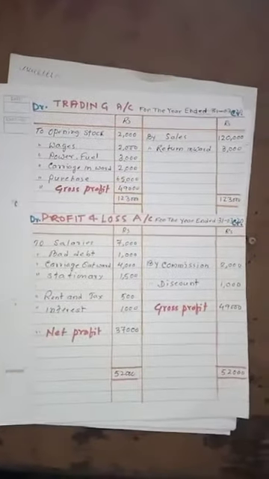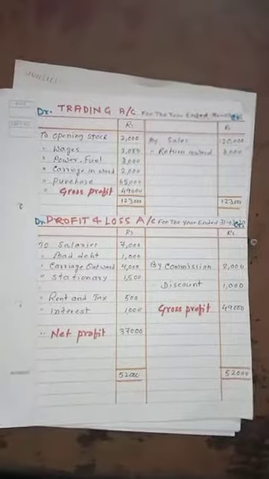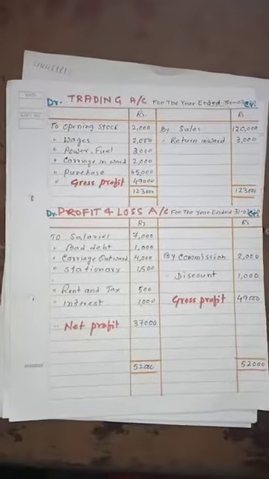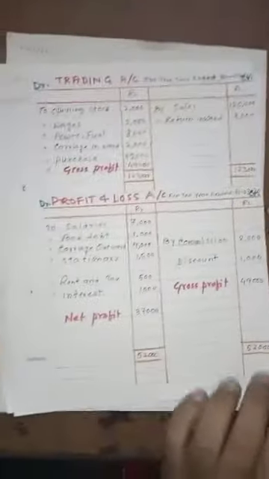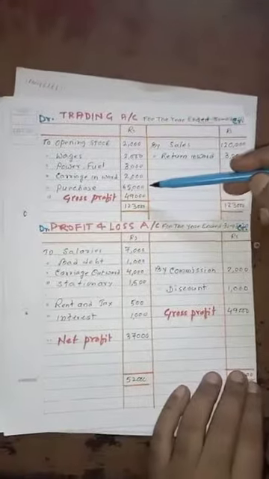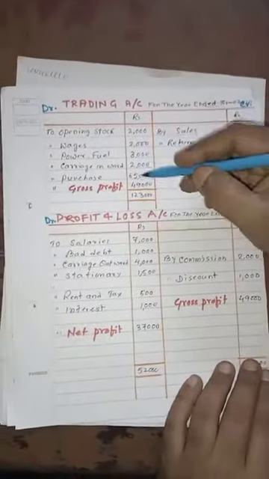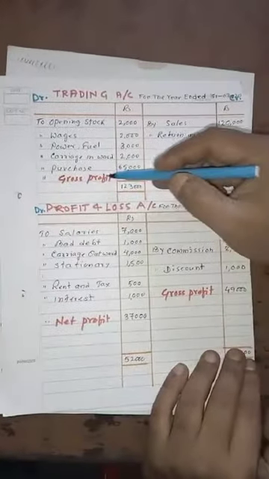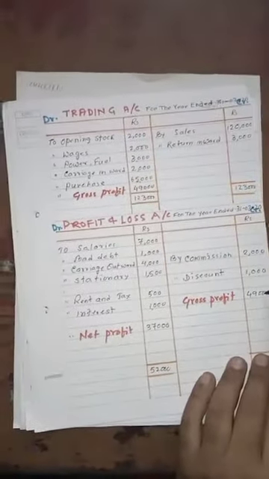After recording the heads from the trial balance to the trading account, profit and loss account and balance sheet, your next stage is to balance the trading account. Clear? The trading account balance is transferred to the profit and loss account. You see gross profit is transferred to the profit and loss account.